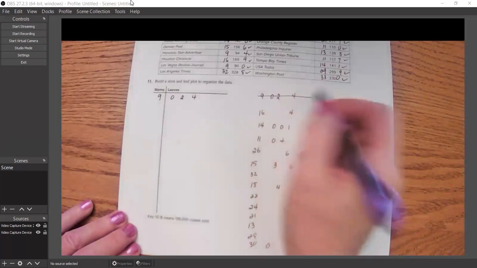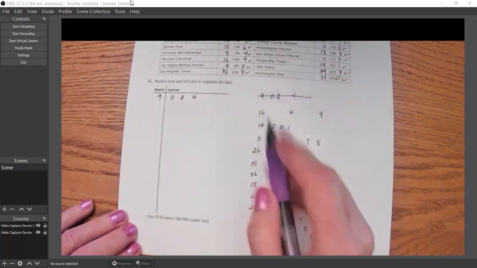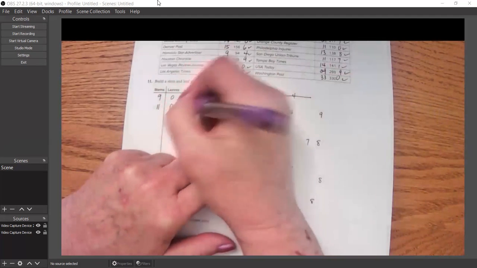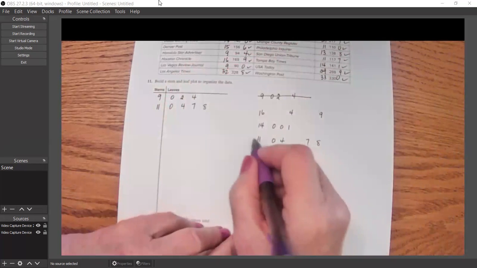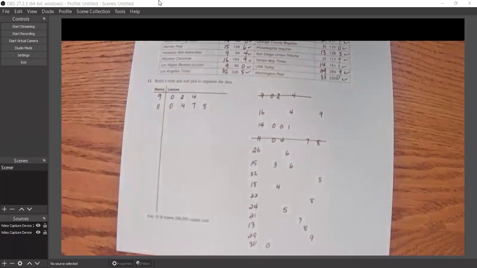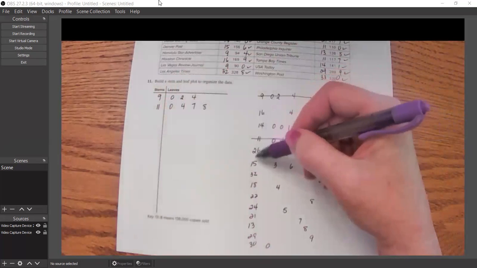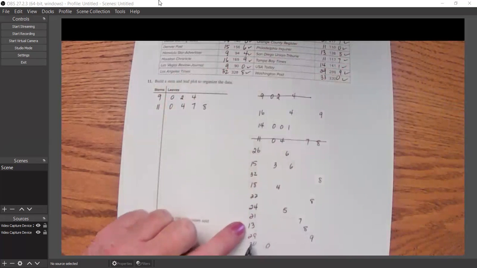So I have the 9s. My next number is an 11. 11 has 0, 4, 7, and 8 as its leaves. And I don't see any 12s, but I do see a 13. So that's a 13, 7. Sorry, 13, 8.